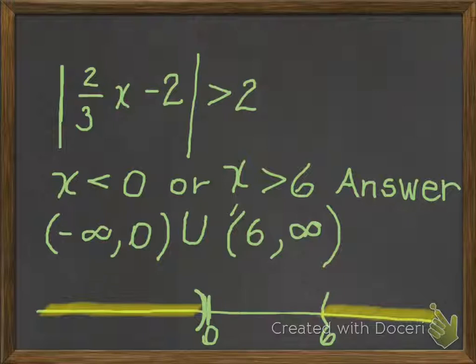So that's that left-hand portion on the graph. Joined with union, that's the translation of the or here, all the values of x between 6 and positive infinity on the right. So again, you see here how the interval notation is a nice shorthand notation for that graphical notation. Okay, so there's 3 ways again of writing the answer.